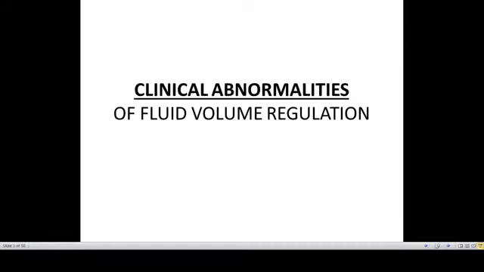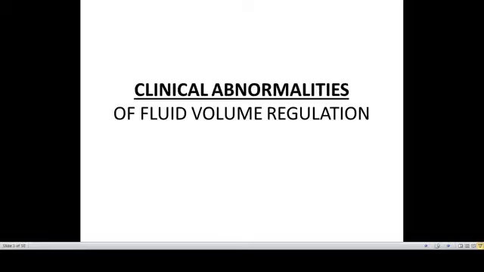As discussed in a previous lecture, significant clinical abnormalities of fluid volume regulation can result in patients if osmotic equilibrium is not maintained in intracellular and extracellular fluid compartments.